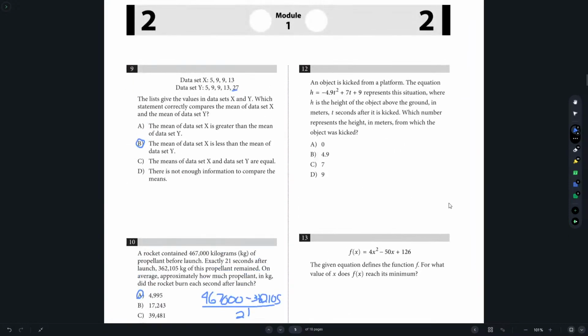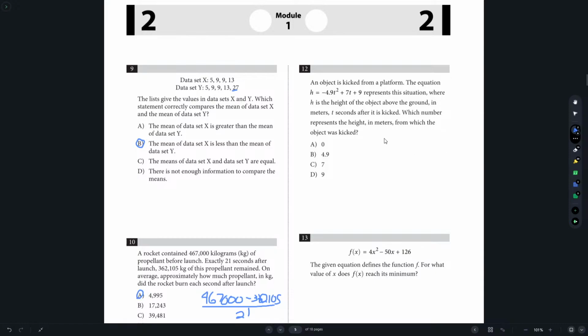An object is kicked from a platform. The equation negative 4.9t squared plus 7t plus 9 represents this situation, where h is the height of the object above the ground in meters, t seconds after it is kicked. Which number represents the height in meters from which the object was kicked? That's going to be 9. Wait, we need to find the y-intercept. h is the height of the object.